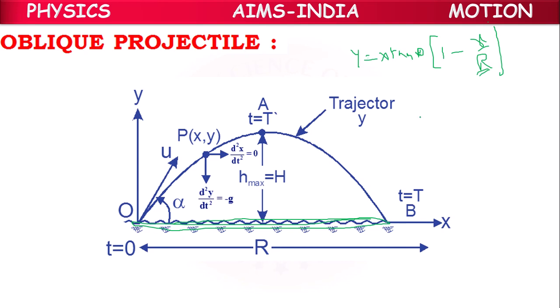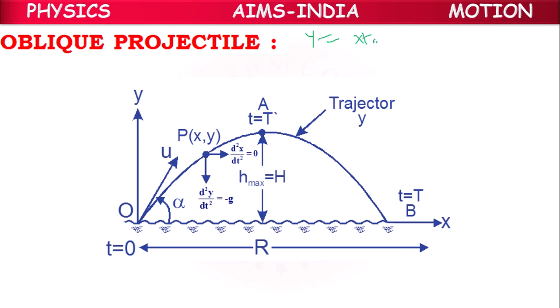How we have got this: previously we have y equal to x tan theta minus half g x square by u square cos square theta.